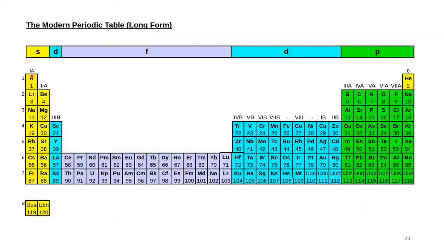So for S, you have 2 columns. For P, you have 3 p orbitals, each orbital holding a maximum of 2 electrons. So the maximum number is 6 electrons for the p orbitals, and that is reflected here as 6 columns in the p block.